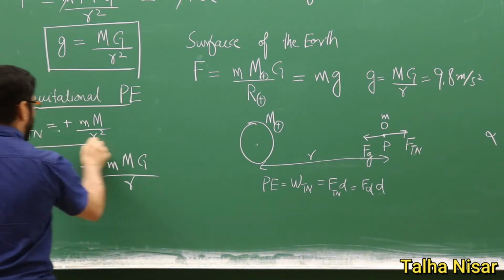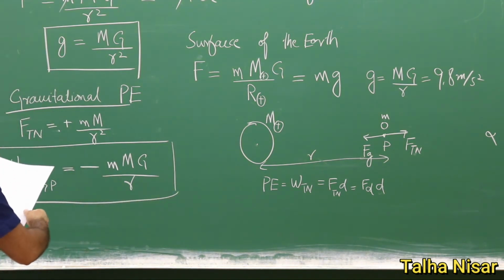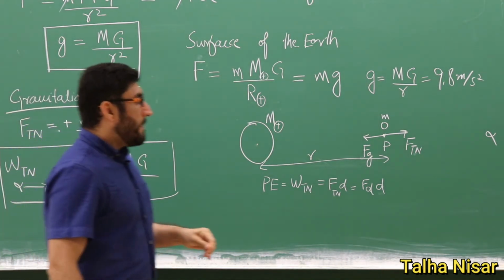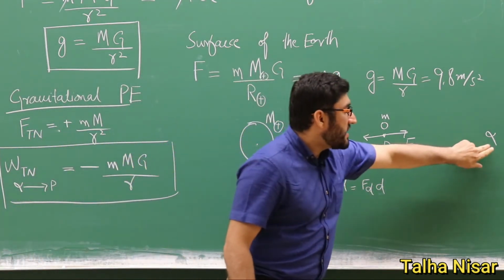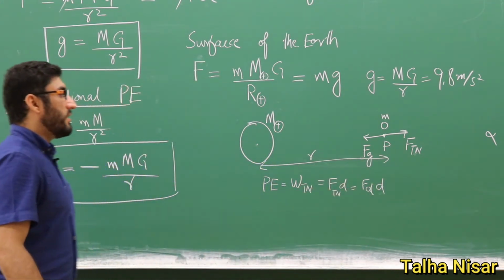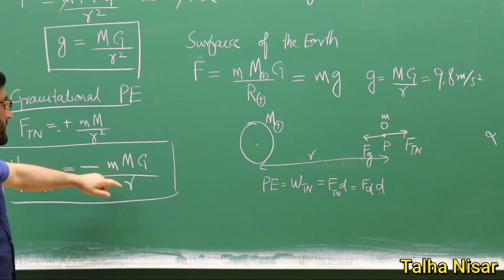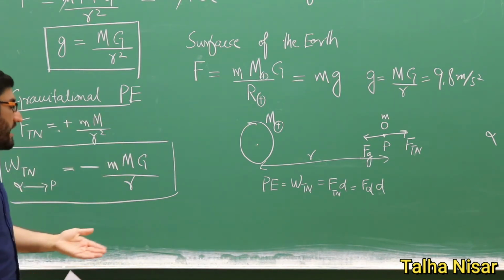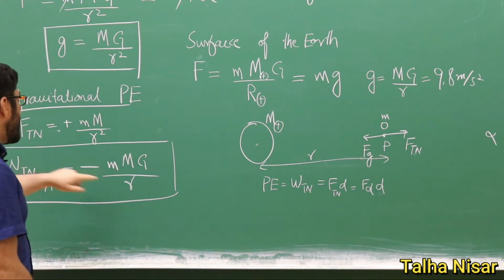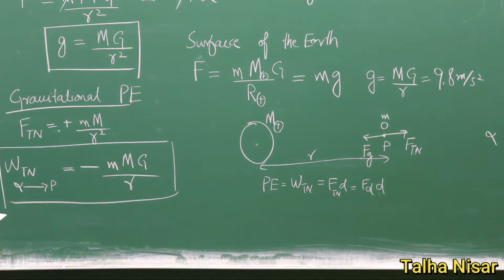So this is the gravitational potential energy, and it is zero at infinity, because we do not feel the gravitational energy. For example, if we put infinity here, anything divided by infinity is equal to 0. So the gravitational potential energy is maximum, which is 0, at infinity.